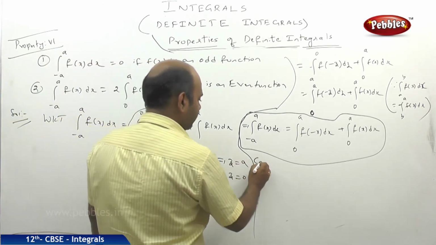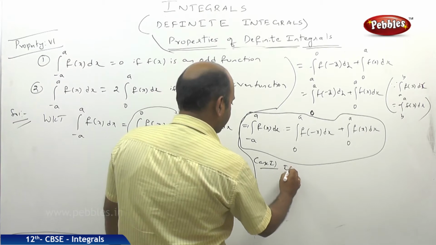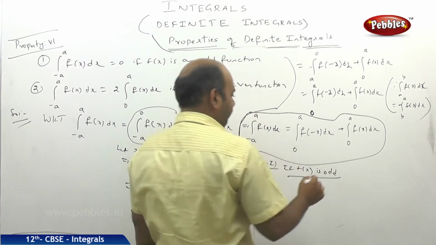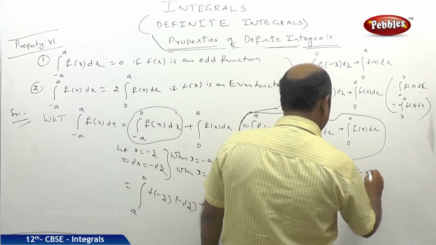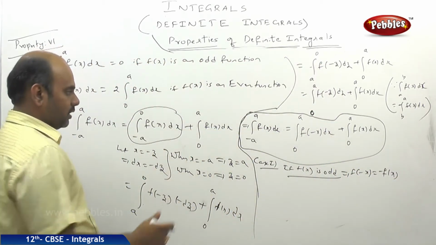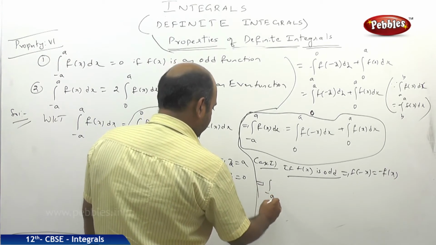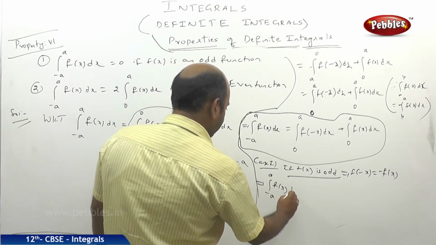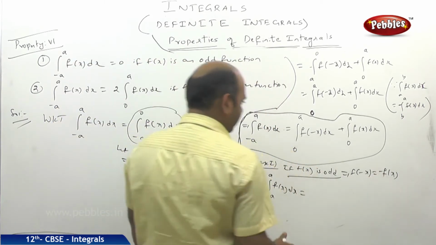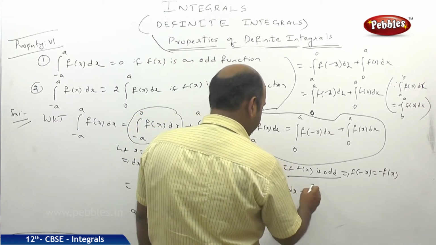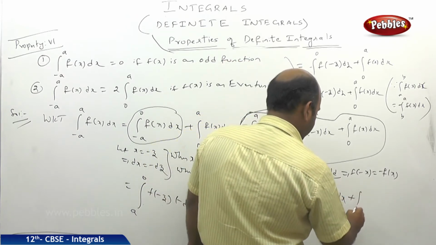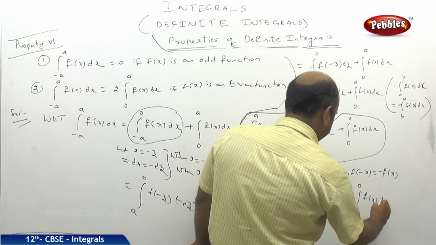So case 1, if f of x is odd. If f of x is odd, what happens? f of minus x is equal to minus f of x. That implies integral of minus a to a f of x dx is equal to, in place of f of minus x I can write minus f of x, so integral 0 to a minus f of x dx plus integral 0 to a f of x dx.